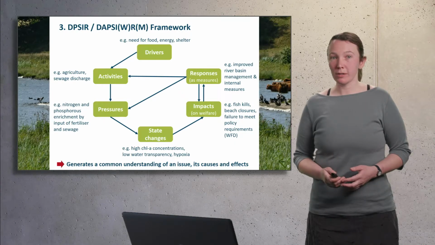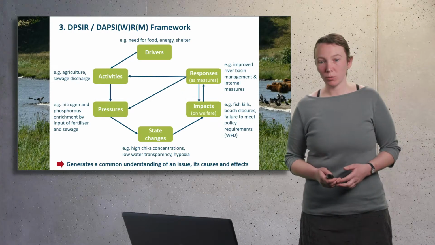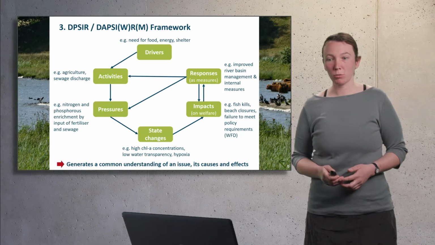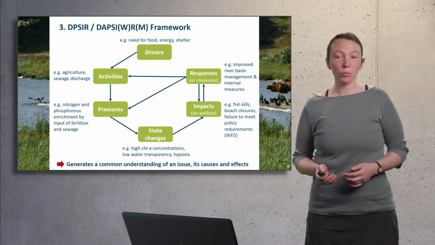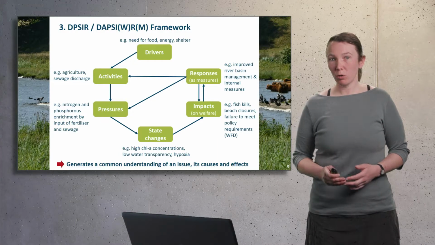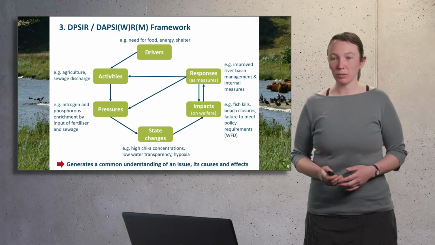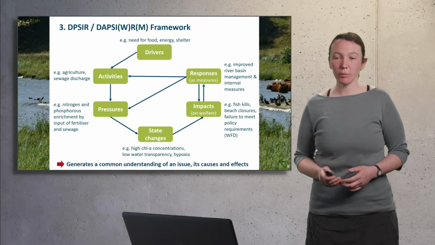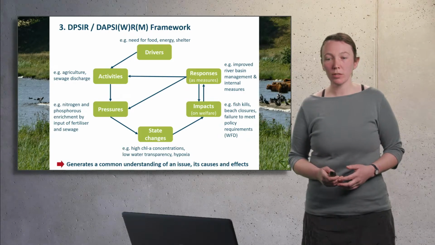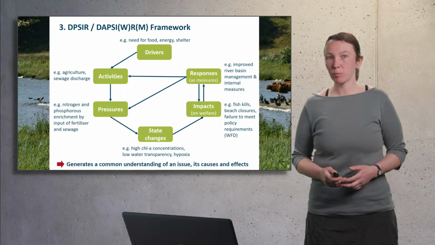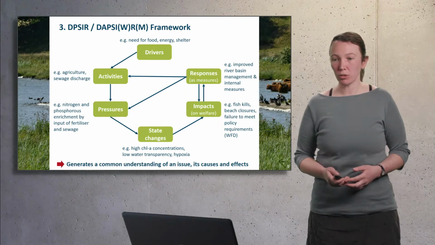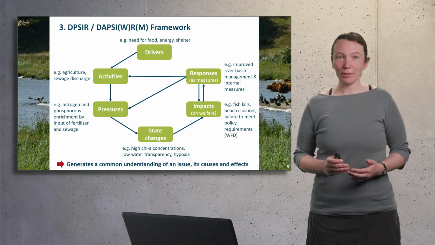In our case of coastal eutrophication, this is then the nitrogen and phosphorus enrichment by input of fertilizers and sewage. And these pressures cause changes in the natural system. So this can be the high chlorophyll A concentrations and low water transparencies, but also hypoxia, which is the lack of oxygen.